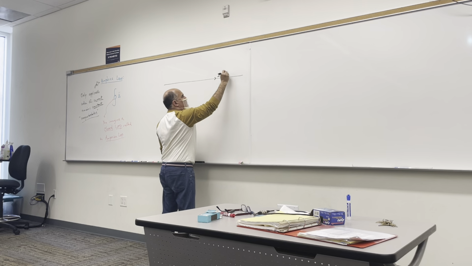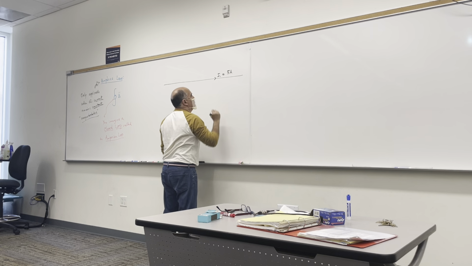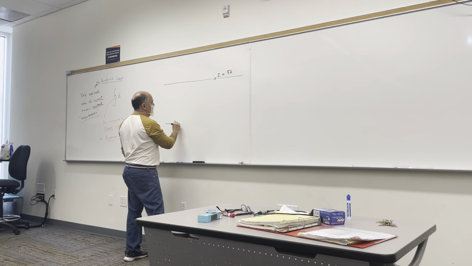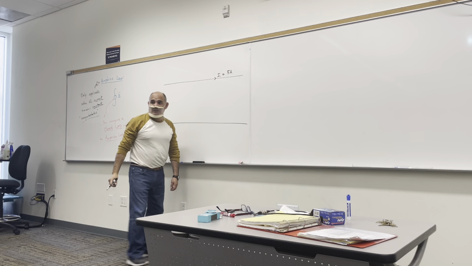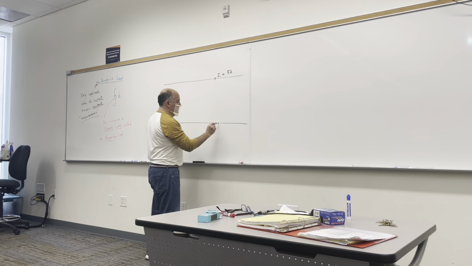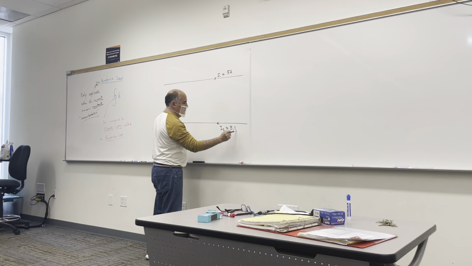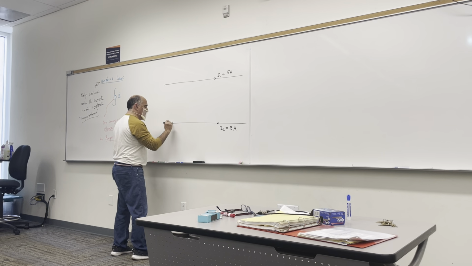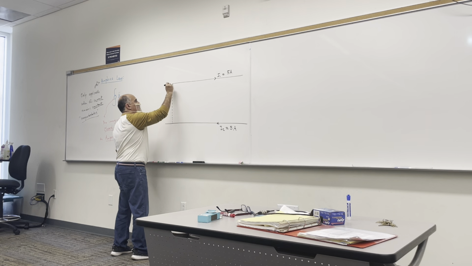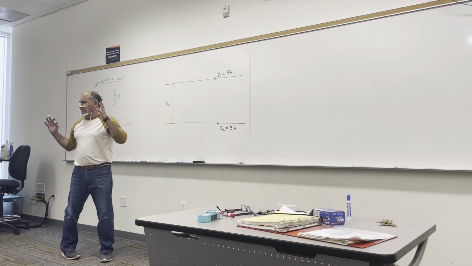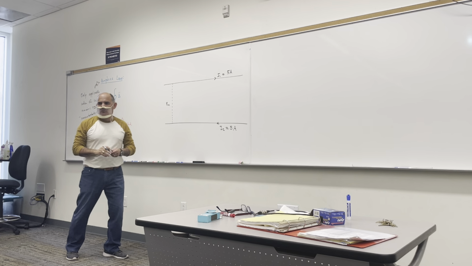Let's say the current is 5 amps to the right. And there's another very long wire that's parallel to it. And the current is to the left, I2, 5 amps. And suppose the separation between these is 8 meters. So two very long parallel wires.